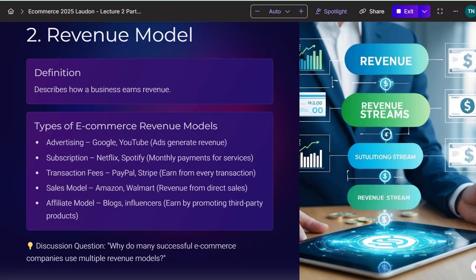There are several common types of e-commerce revenue models. The first is advertising, earning revenue from ads on the platform, like Google and YouTube. Another source of revenue is subscription, recurring monthly or annual payments for services like Netflix or Spotify.